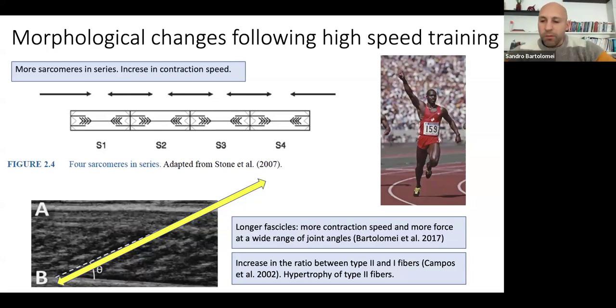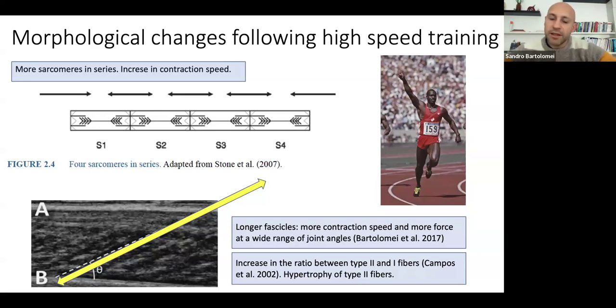However, when we work both for resistance exercise and for power training, as typically happens in complex training, or for example, when we combine sprints with squats, we may obtain an increase in fascicle length.